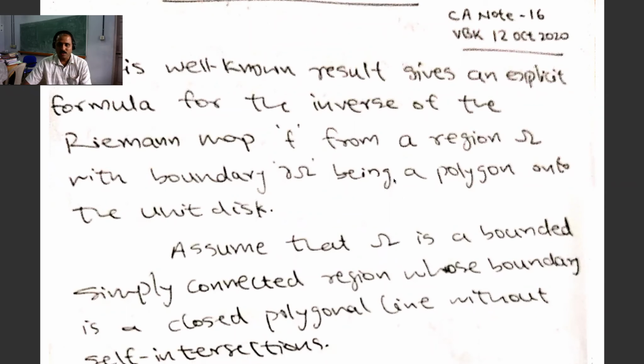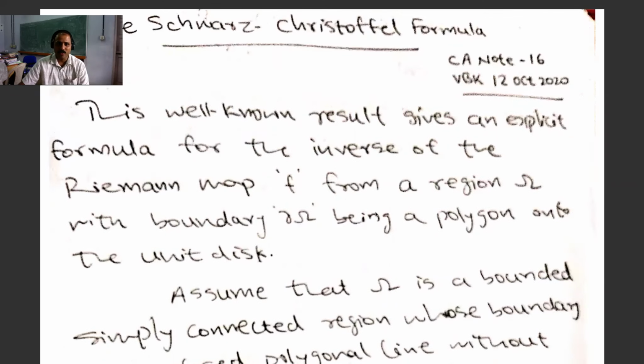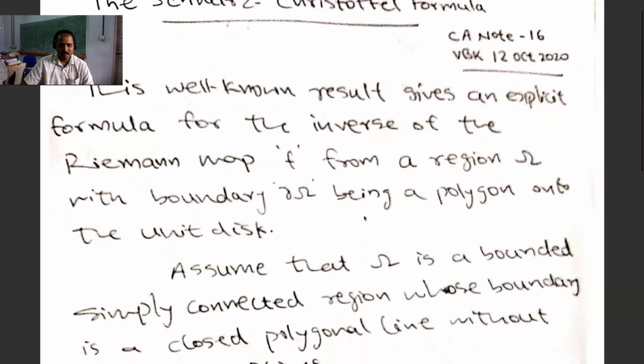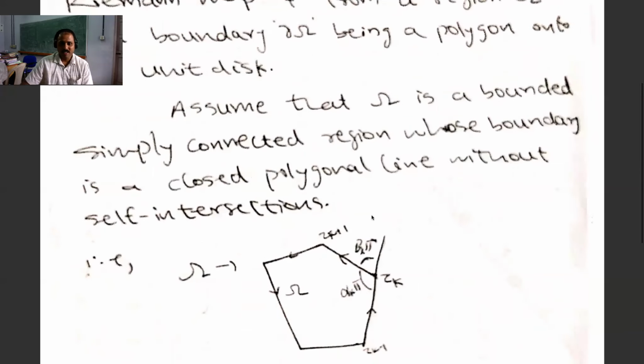So now in this case, we are going to obtain a formula for the inverse of this Riemann map from a particular region onto the open unit disk. So let us begin with this case.